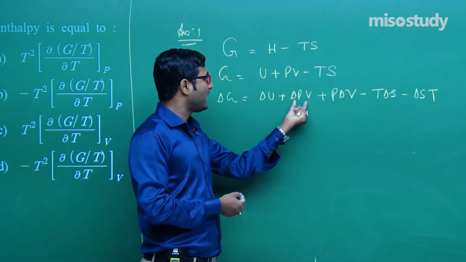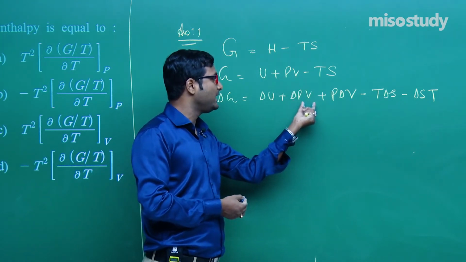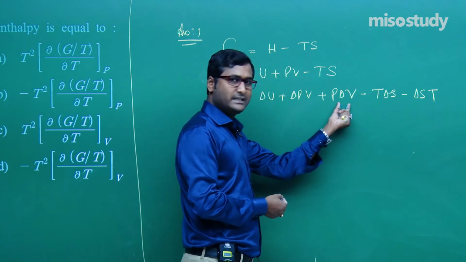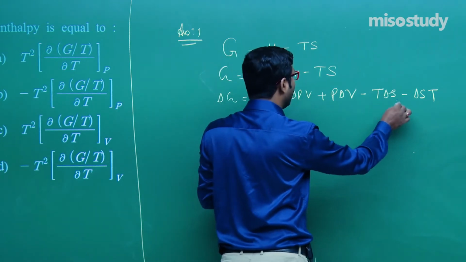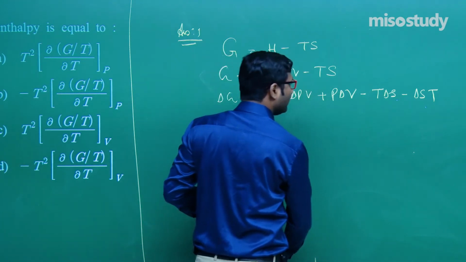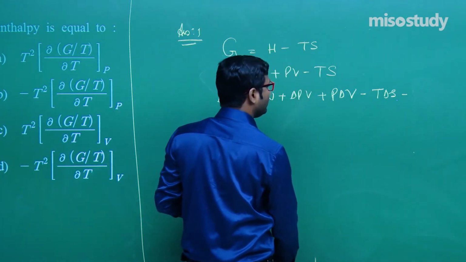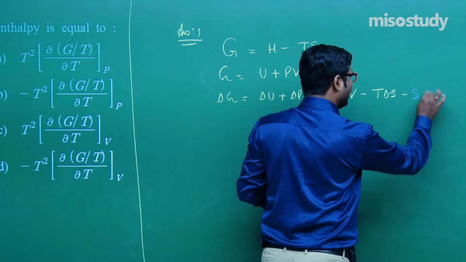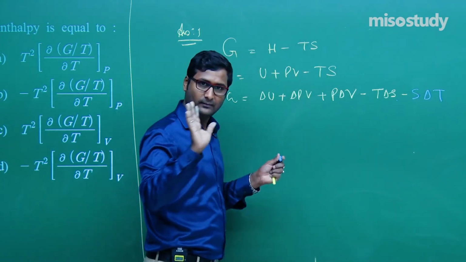So delta PV can be written as delta PV plus P delta V minus T delta S and minus S delta T. Clear?